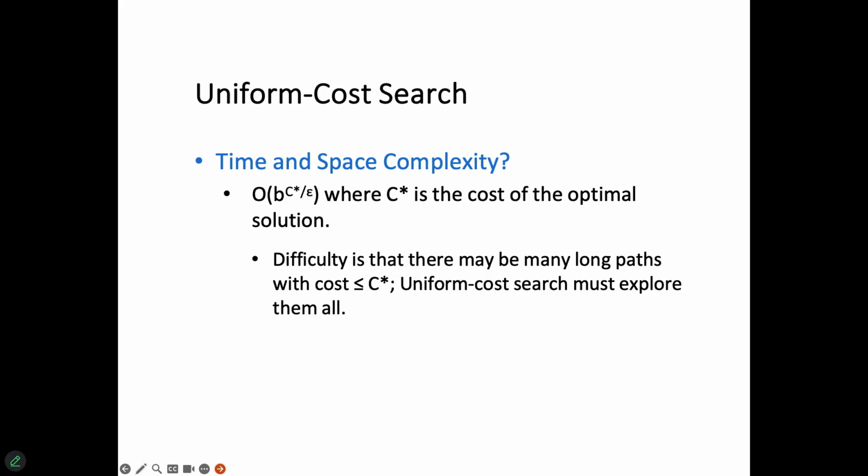Another problem is that it doesn't have any predefined depth limit. It just keeps searching as long as there is a cheaper path to explore, and so it can sometimes be very slow.